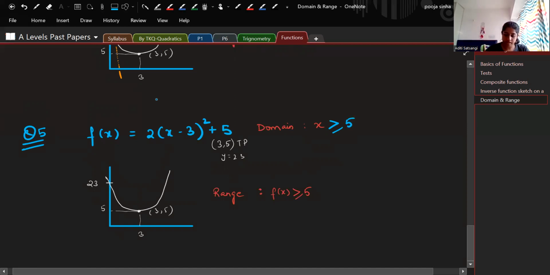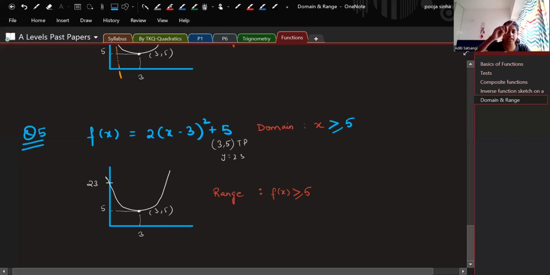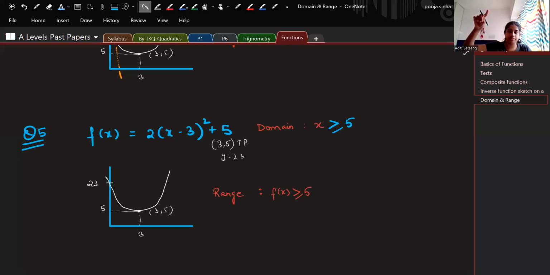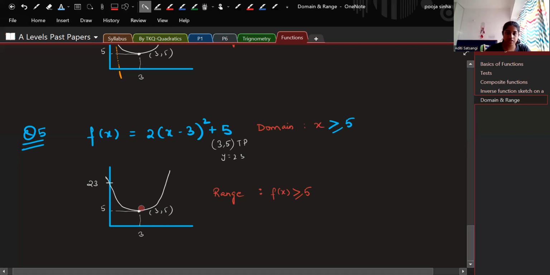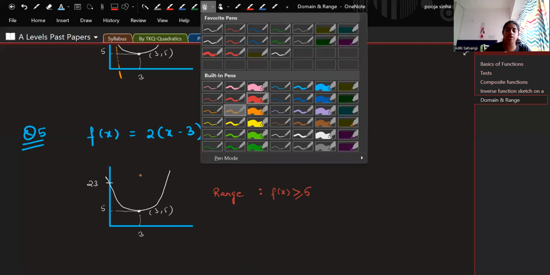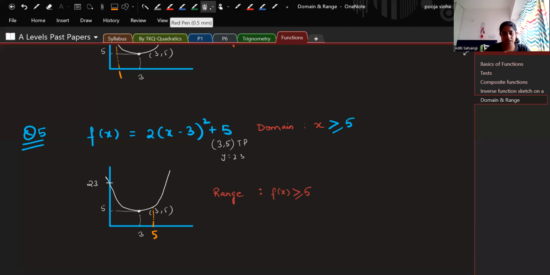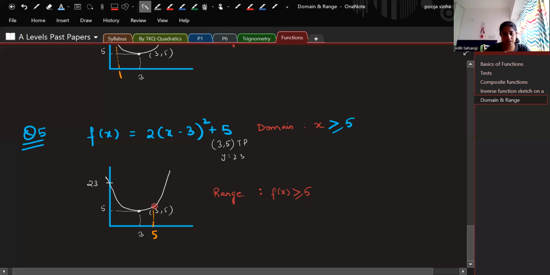Tell me the portion that I need to highlight. Tell me the value of fx. It's greater than equal to 5. So beyond 5, 5 included, is this side of the curve. Are you talking about this when x is beyond 5? 5 मतलब I need to put another marking here. Yes, it's including 5. So 5 is here. So you're saying I have to include this portion.